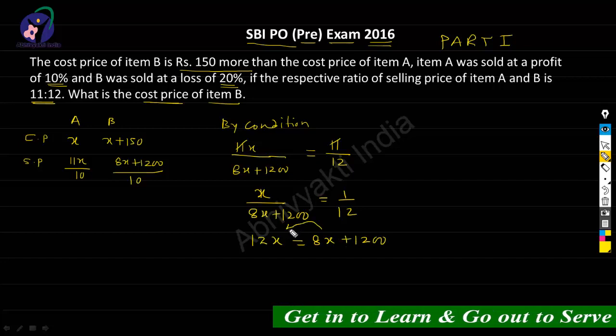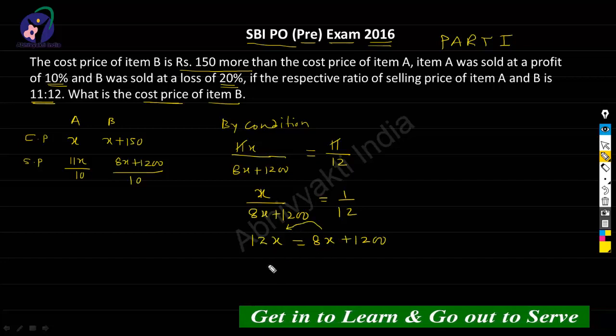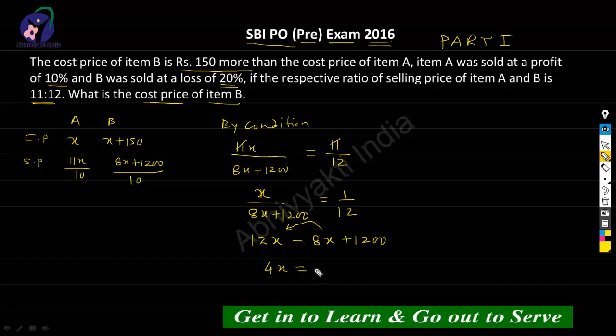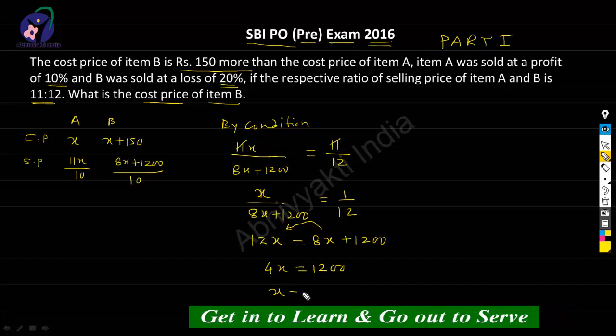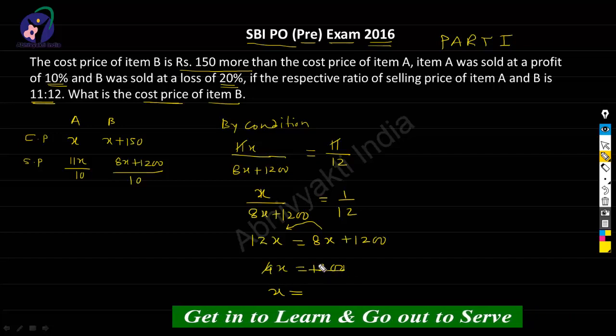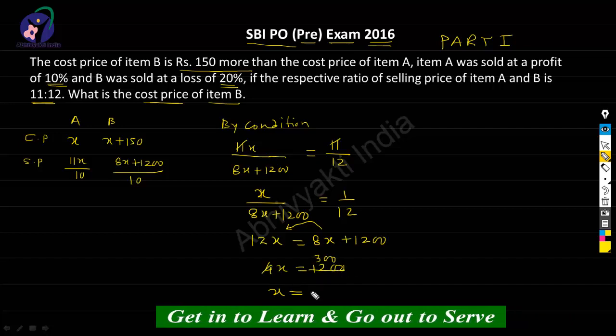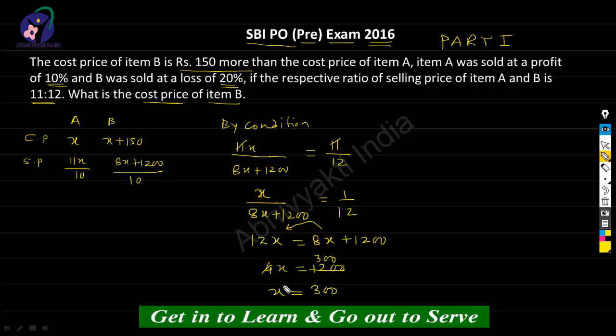Cross multiply, so it will be 12x, which is equal to 8x plus 1200. Take 8x to the other side, so 12 minus 8, it will be 4x, which is equal to 1200, and therefore x will be equal to 300.